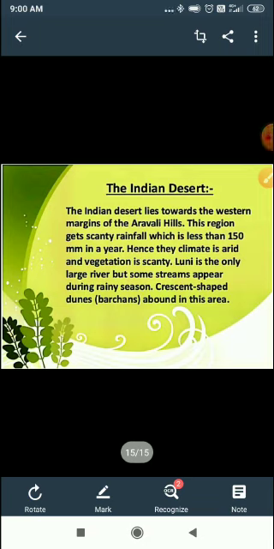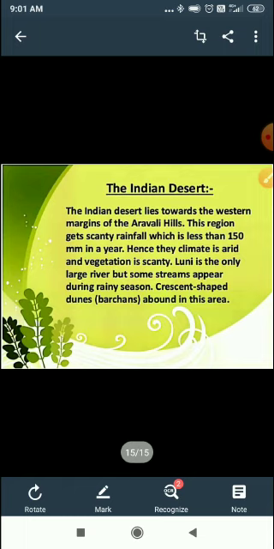Only the Luni is a single river flowing in that region, and it is an inland river. Inland river means a river which is not able to reach the sea; it emerges in that particular region and ends in that region only.